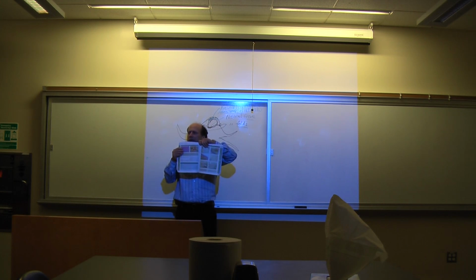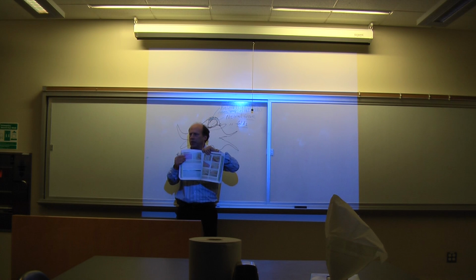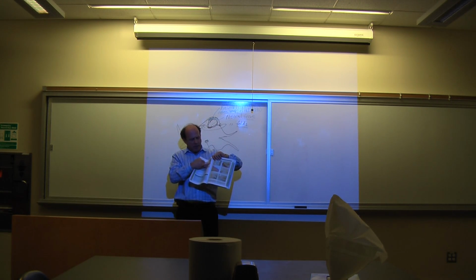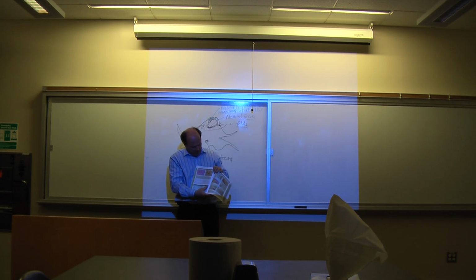So if I showed you a picture of this, you might say, well, that looks like connective tissue. But then they stained it with gold chloride over here, and the gold chloride does a good job at staining all those fine structures of neurons.